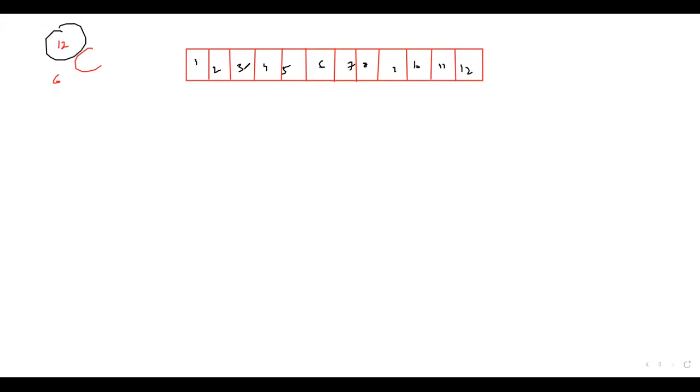So the mass of each will be 1 unit, like each will be 1.